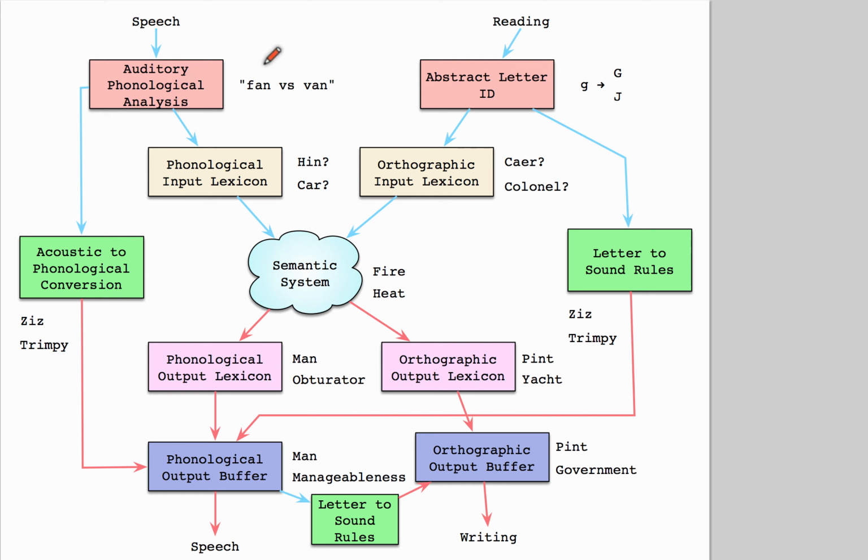And a simple task that we use to determine how good people are at parsing out speech sounds and discriminating speech sounds is to do something like a minimal pairs task, right? So here, fan and van, probably the hardest type of minimal pairs task, right? Because these two, F and V, only differ by one distinctive feature, right?